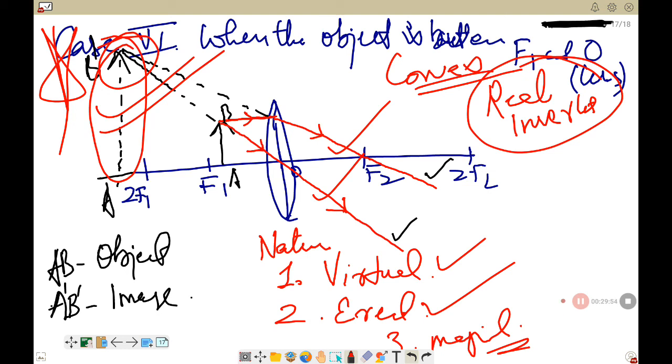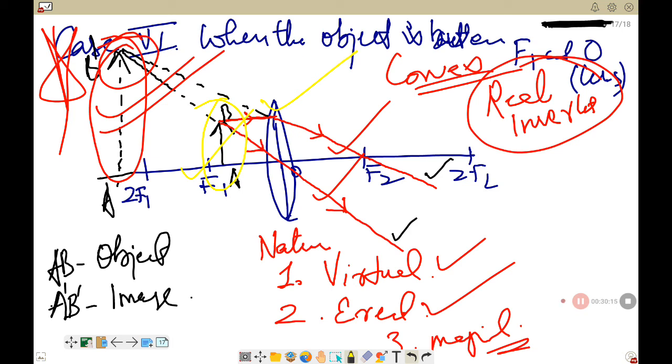When you keep your object between the lens and the first focus. If you keep the object between the lens and the focus, you will get an image which is virtual and erect. Okay, understand?